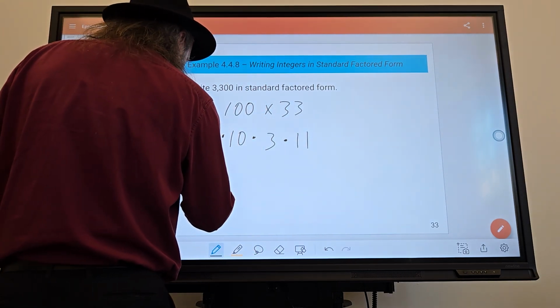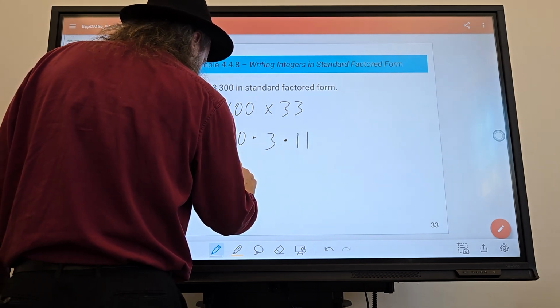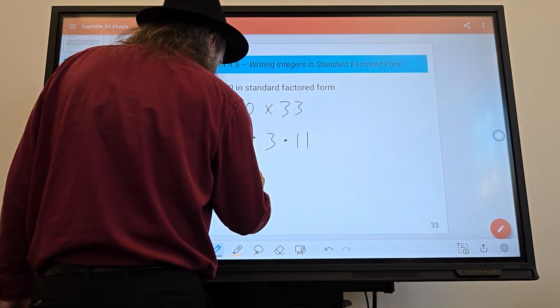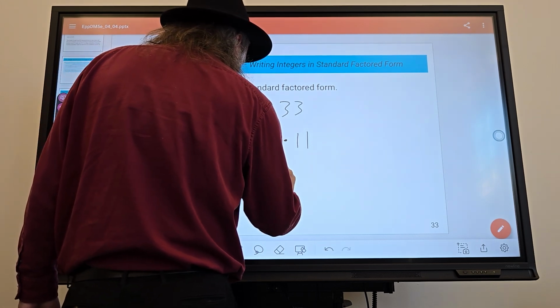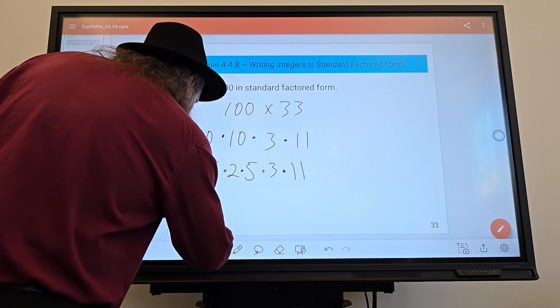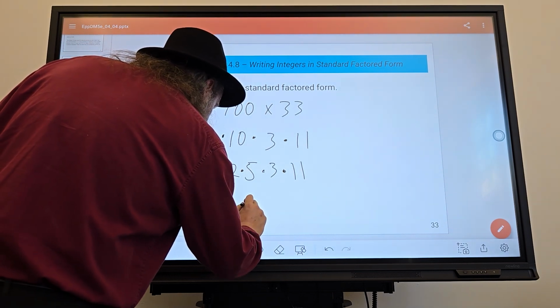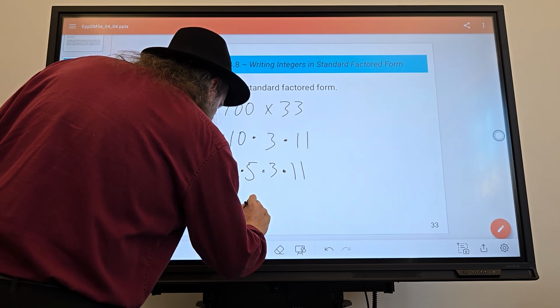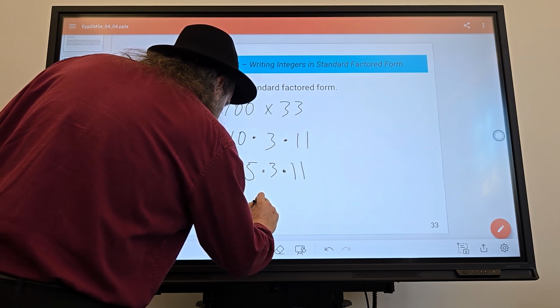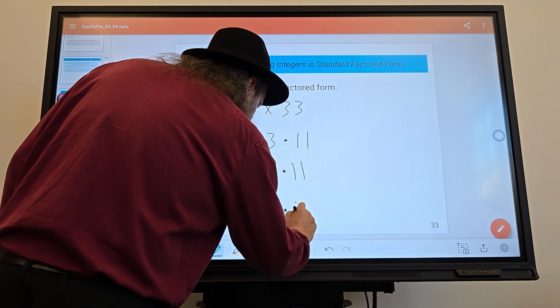So 2, 5, 2, 5, 3, 11. 2 squared times 3 times 5 squared times 11.